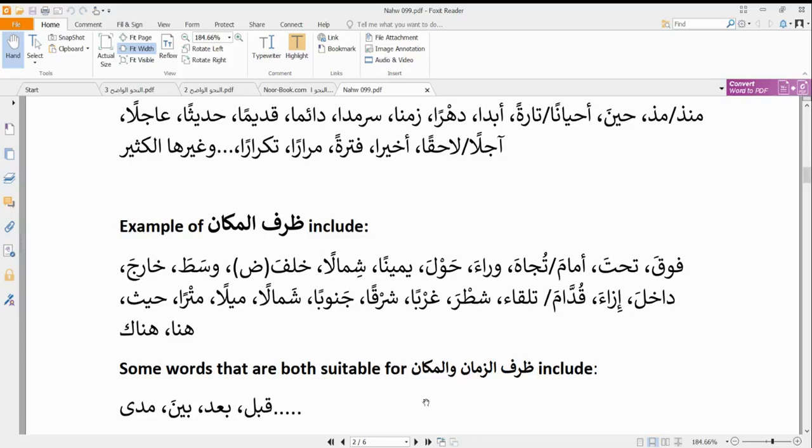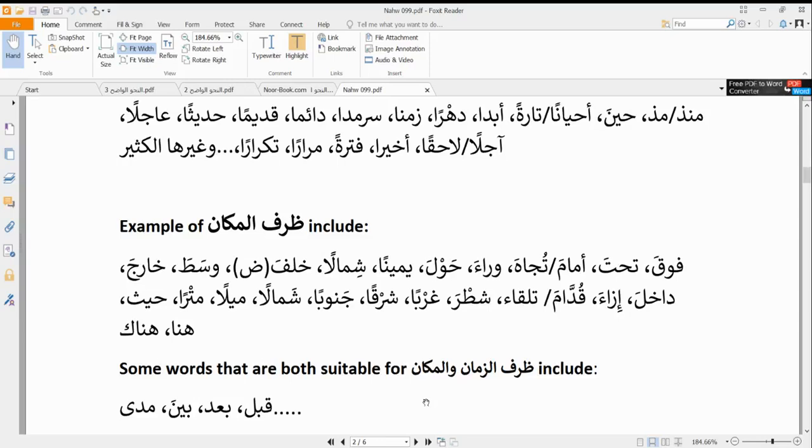Mostly you will see that khalfa will usually mean behind. Wasato, in the middle. Kharija, outside. Dakhila, inside. Izaa, opposite. Kudama, in front of or facing. Or towards, or you can also say tilqa'a, or kudama can also mean towards or facing.